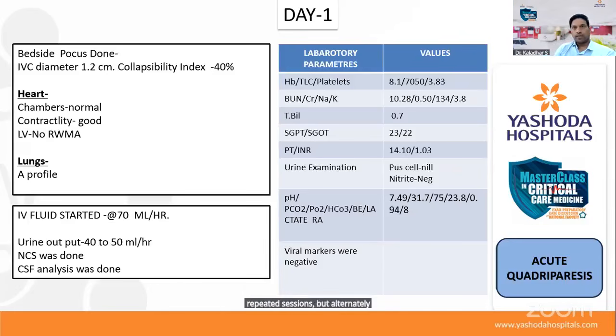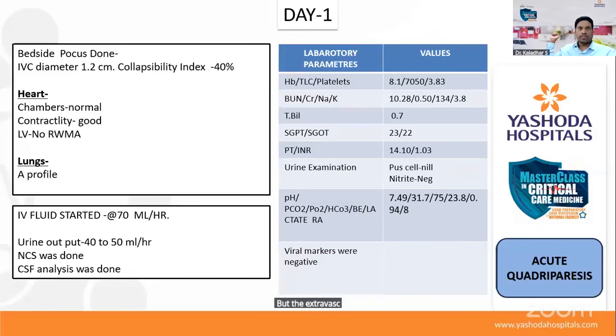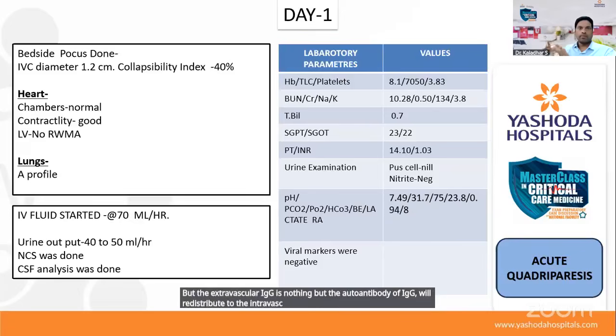Yes, sir. So as Dr. Faizan was telling, and you are telling, it is more of extravascular distribution rather than intravascular. So when you are doing one session, probably you remove all the intravascular IgG, but the extravascular IgG, nothing but the autoantibody of IgG, will redistribute to the intravascular compartment maybe over a period of 24 to 48 hours.